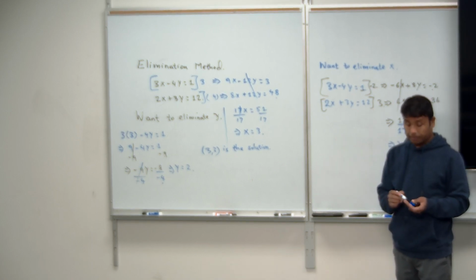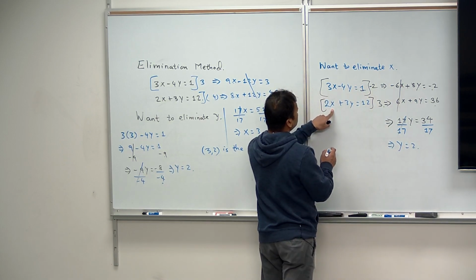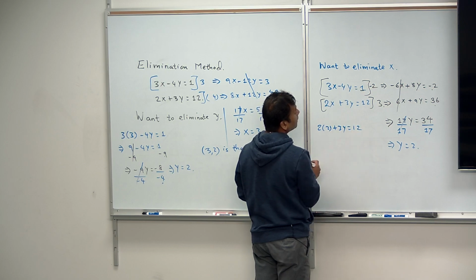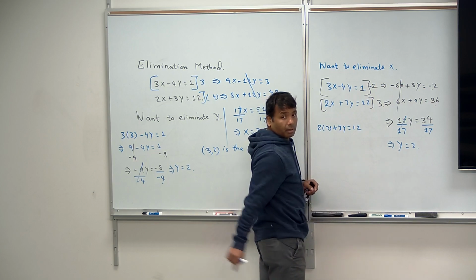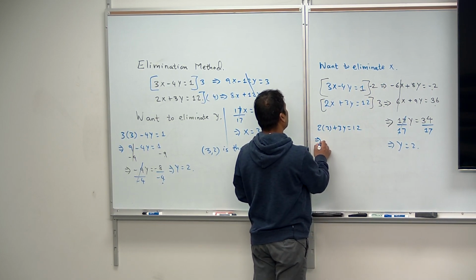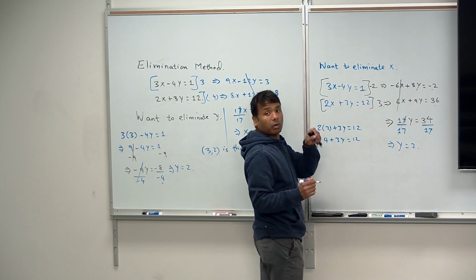Okay? And now, if you plug in y equal to 2 here, you see 2 times 2 plus 3y equal to 12. You can plug in this value of y here or here in any equation, okay? So now, this will be 4 plus 3y equal to 12. You subtract 4 from both sides.